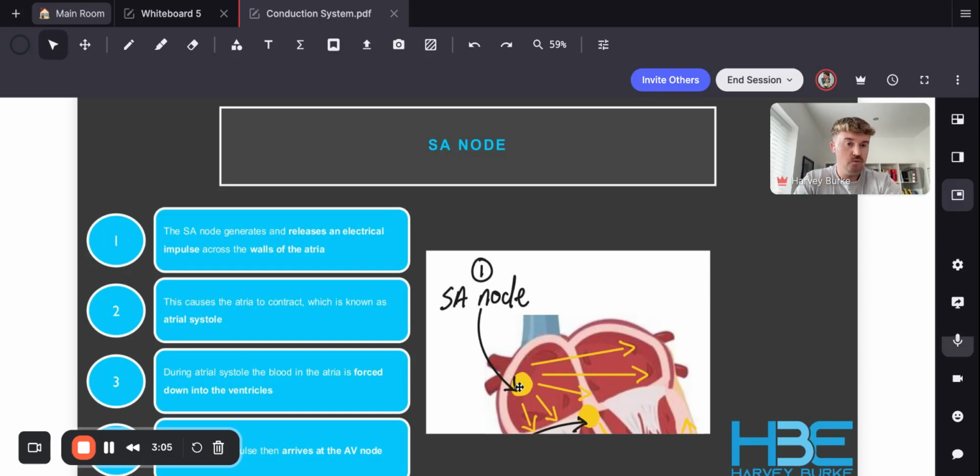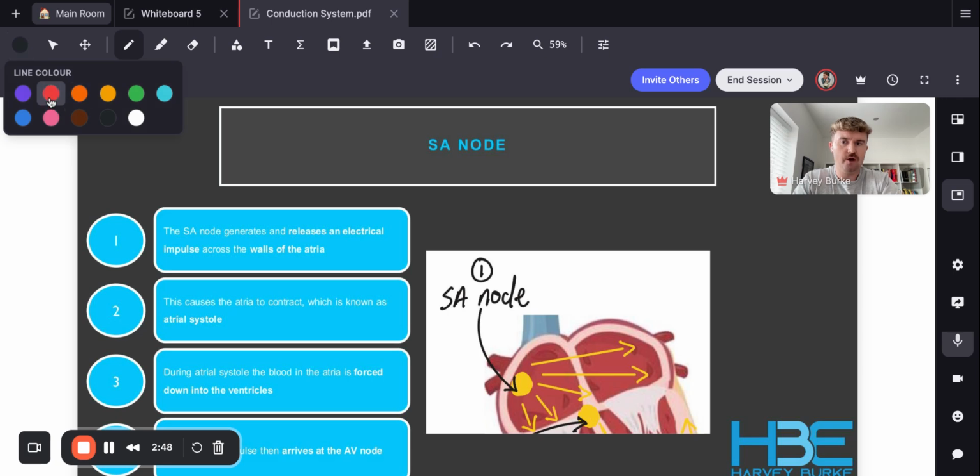So initially, you would say in the exam that the SA node releases an electrical impulse across the walls of the atria, and that causes atrial systole. And systole means contract. So atrial systole is when the two atria are contracting. And when the two atria contract, that forces blood down into the ventricles.